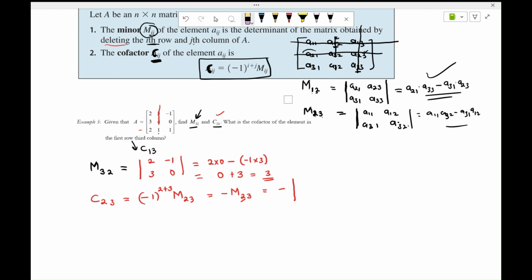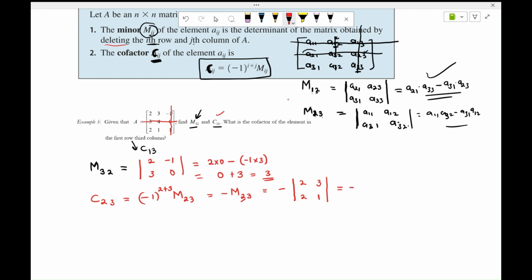So we just need to delete the second row, and this is actually the second row and third column. What is remaining is the determinant of a 2 by 2 matrix, which is 2, 3, 2, and 1.